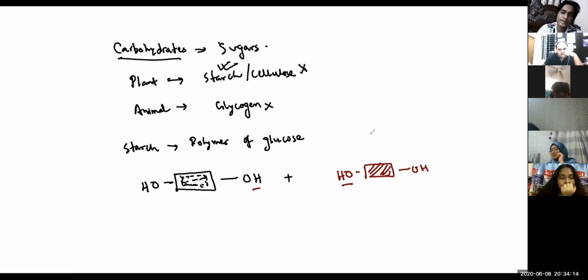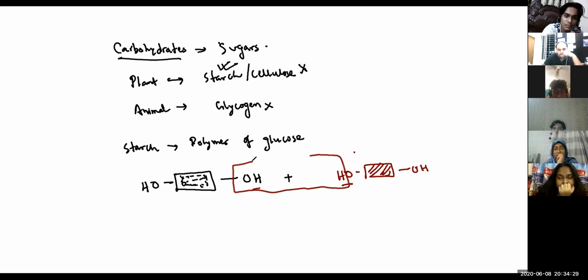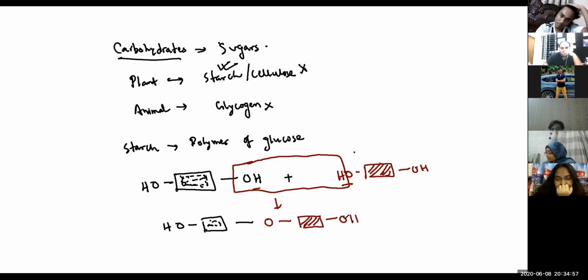H. আচ্ছা H goes away. এখানে although both of them are alcohols, from one of the alcohols OH will go away and from the other alcohol H will go away. So what remains? So HO and O and OH. This is when two monomers are joining.